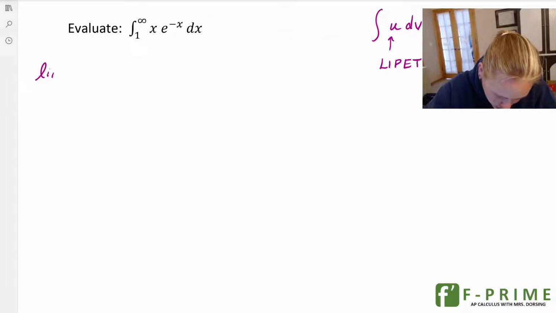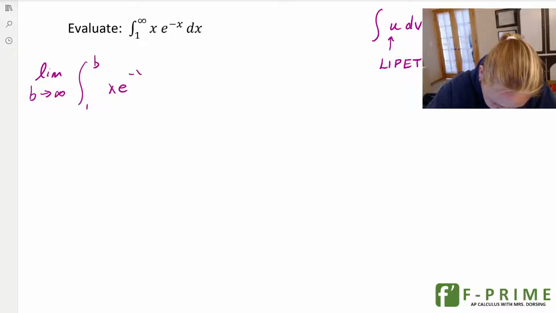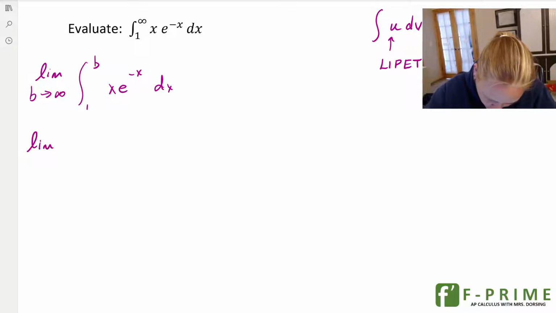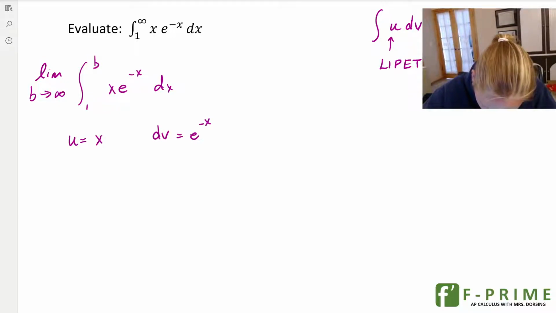So let's see it come into play here. First things first, rewrite it as a limit. All right, now we're going to integrate. I'm going to let u be the polynomial, and I'm going to let dv equal e to the negative x.